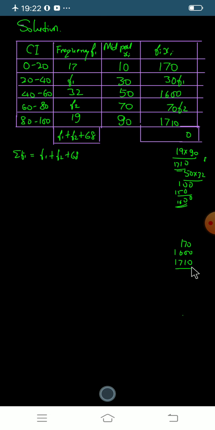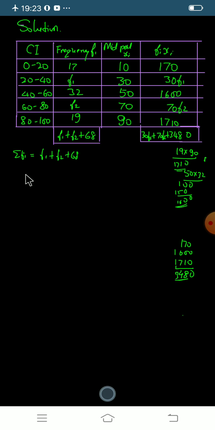Now it is clear. The total is 3480. For this, what we have to add further is 30 F1 plus 70 F2.